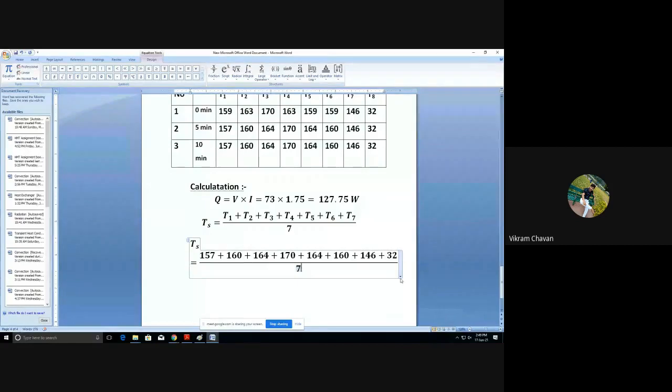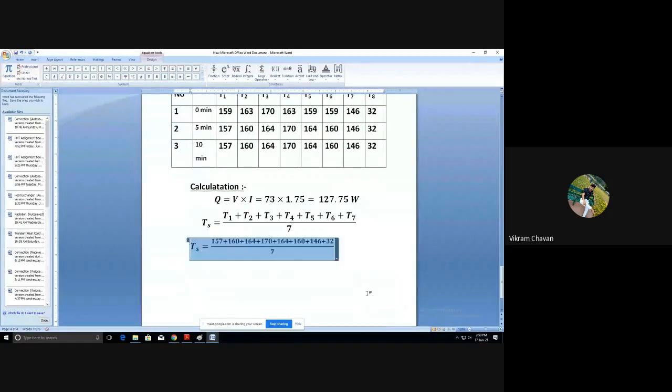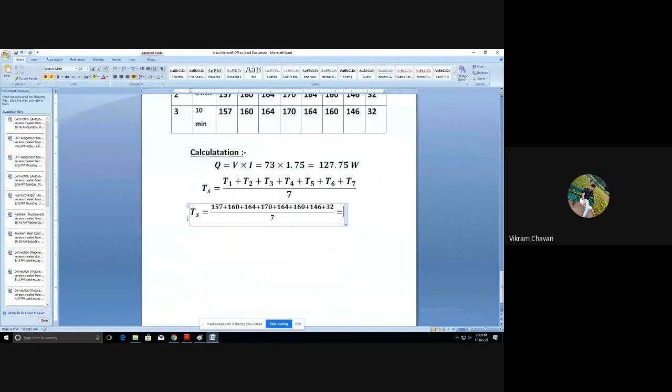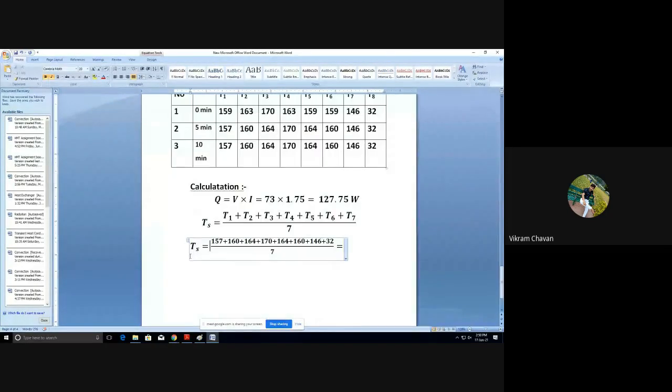Do the calculation and find the average surface temperature. Ta is the ambient air temperature, which is 32. So these values are known.